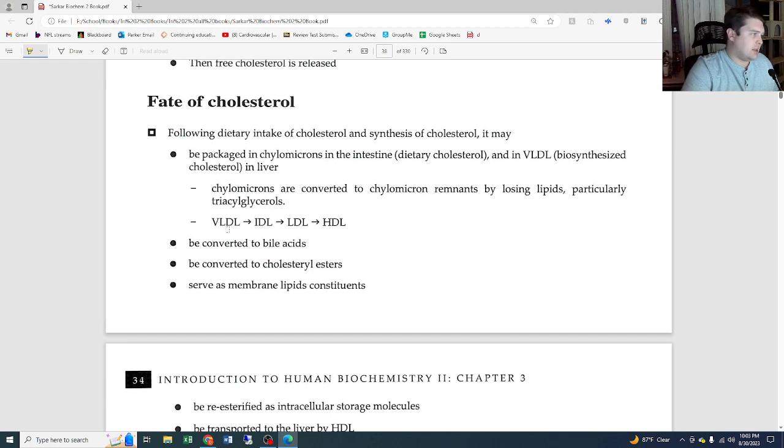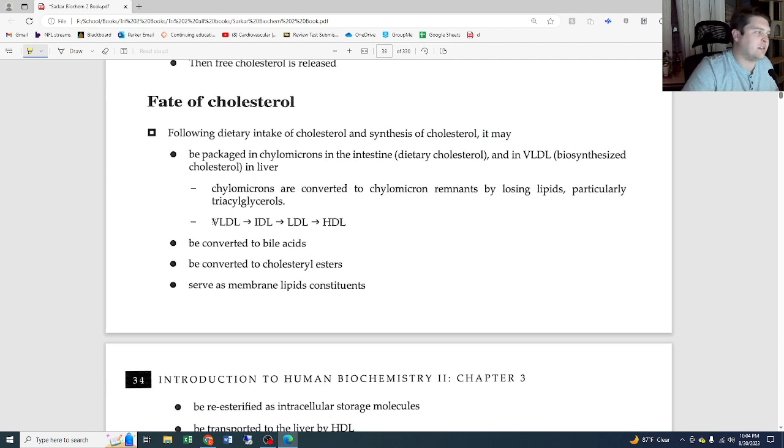For the VLDLs, as it passes out cholesterol, VLDL gets converted to an IDL, which is an intermediate density lipoprotein, then LDL, which is a low density lipoprotein, and an HDL, which is a high density lipoprotein. And the density is looking at how much fat there is versus protein.